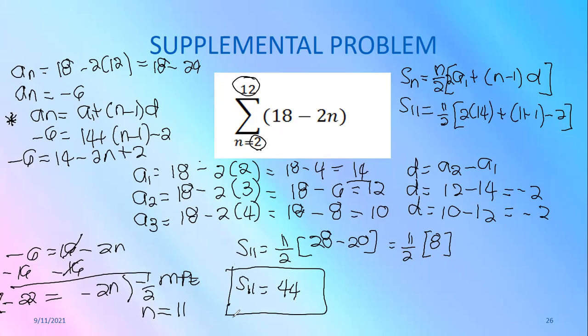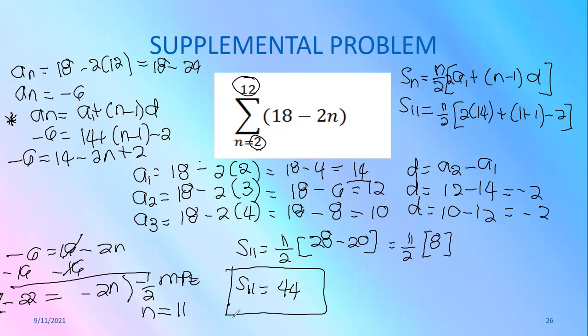Okay, so may questions ba guys? Okay, so most probably ito na muna yung ating magiging last problem natin for today. So naintindihan naman ang difference between arithmetic series and arithmetic sequence. Okay, so recap lang tayo, no?